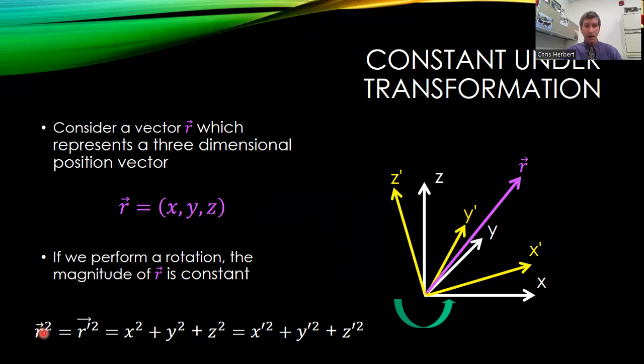Basically, r squared, we still have the same length. All we've done is rotated everything. So during a normal rotation in 3 dimensions, the magnitude of all our vectors remains constant, invariant.